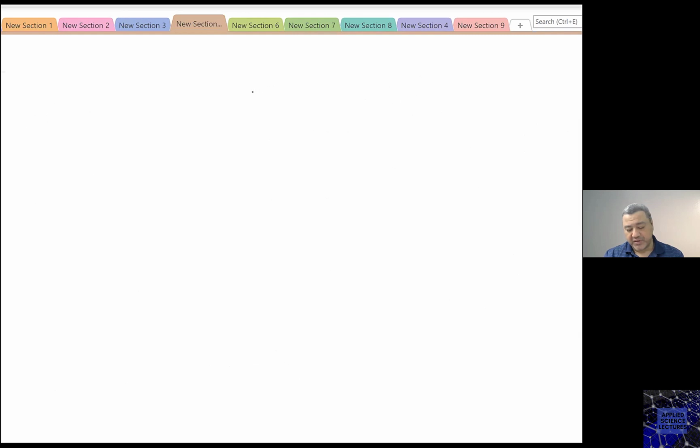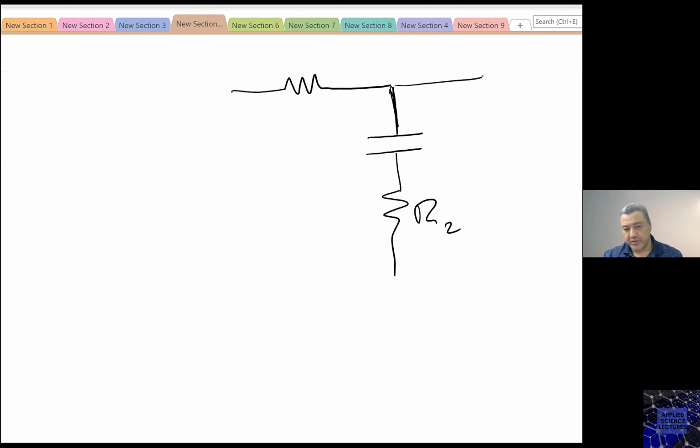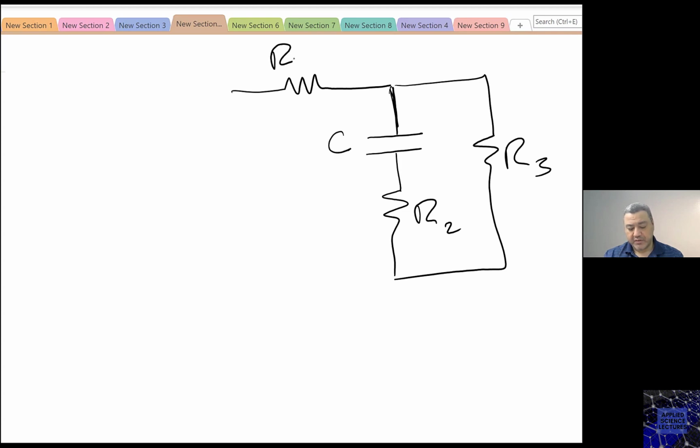So this is my circuit. I have the capacitor here. I have R2 here. I have R3, C, R1, battery, then I have the switch.